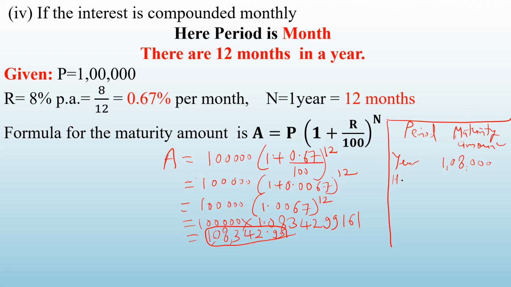If it is half year, then how much did you get? 1,08,160. If it was quarter, then you got 1,08,243.22. And finally, when it was month, the amount you got is 1,08,342.99. Okay. See, look at this table.